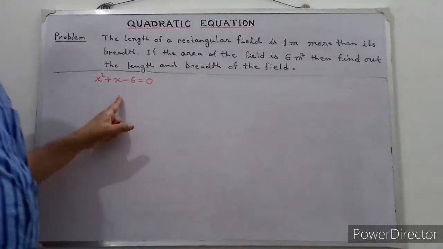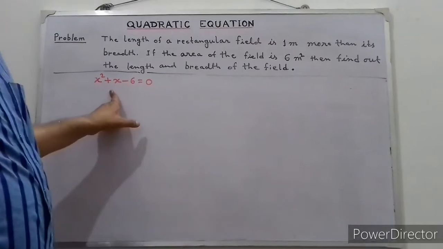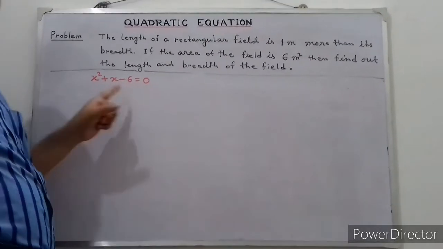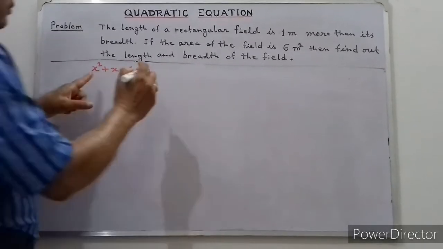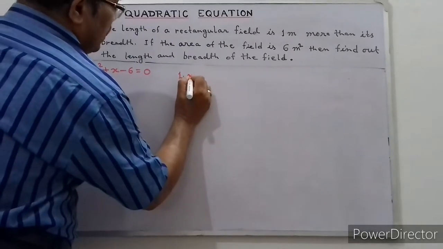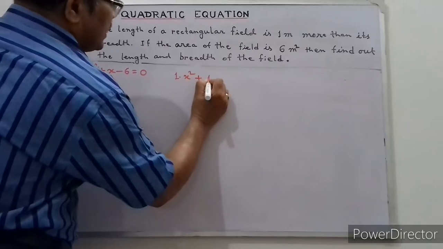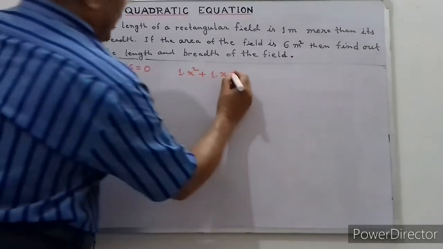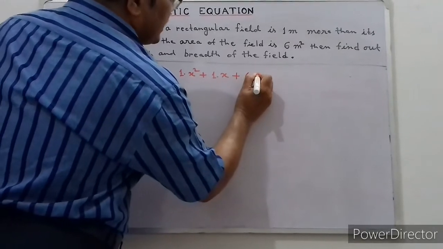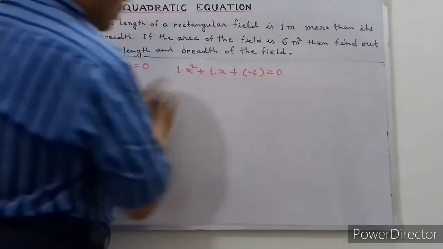Now the fourth method, that is the method of Sridhar Acharya, the direct method. Now again convert this equation into the standard form, that is 1 into x square, ax square plus bx, 1 into x, coefficient of x is 1, and c, that is minus 6, equals 0.